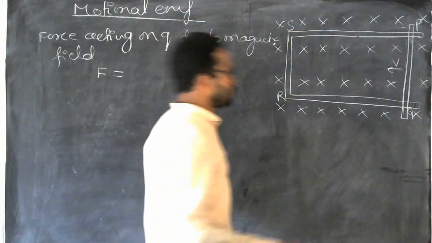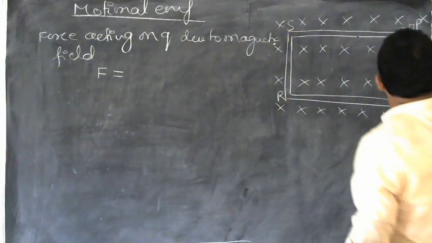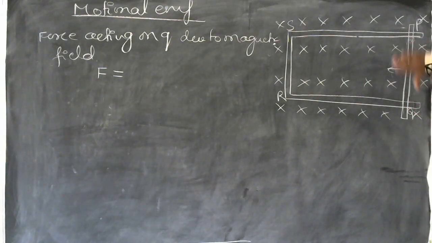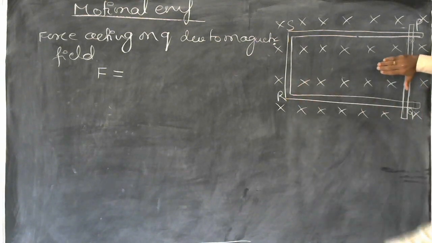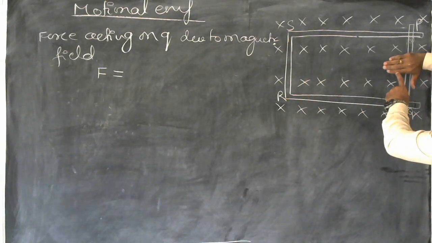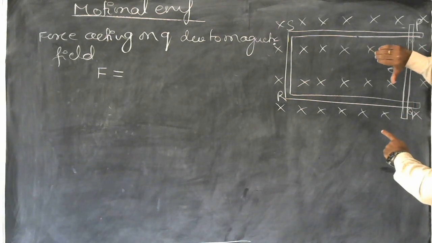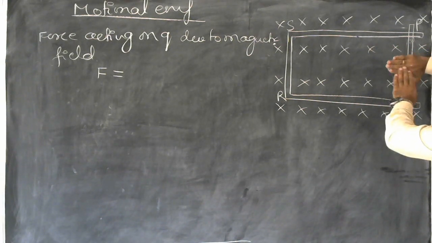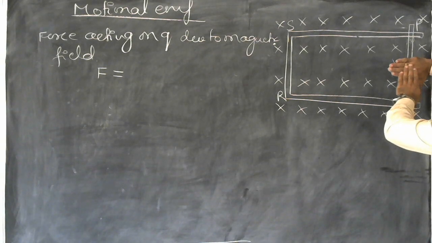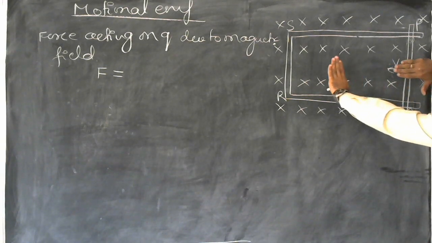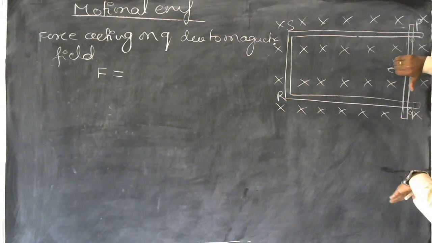Now see, this is the direction of velocity of the charged particle, and if I curl my fingers like this, this is the right hand rule. I am applying the right hand rule here, with all my fingers pointed in the direction of velocity of the charged particle. I am curling like this, which indicates the direction of the magnetic field.